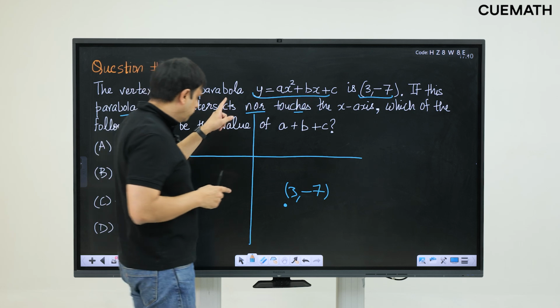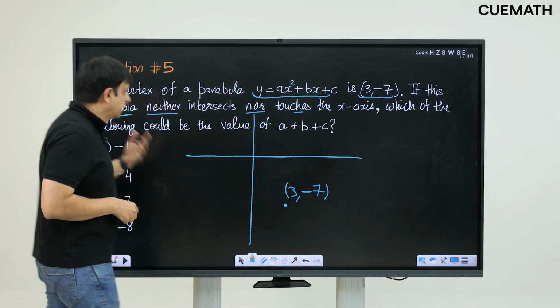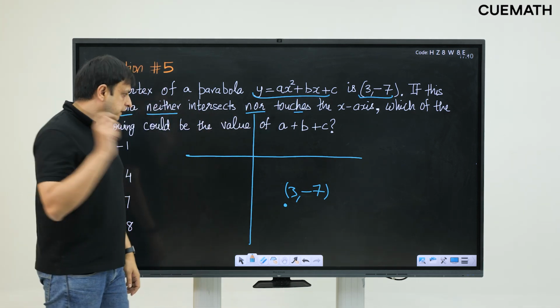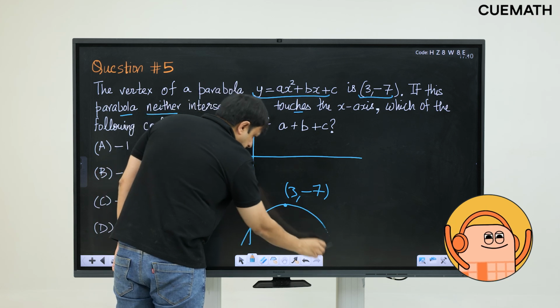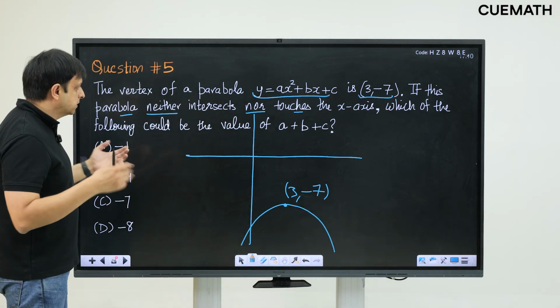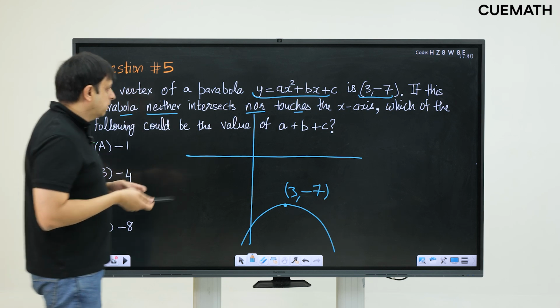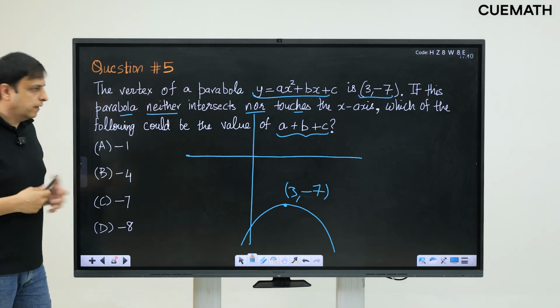But if the parabola were an upward facing parabola, that would intersect the x axis, but we are told that the parabola does not intersect the x axis at all, which means that the only option is that this parabola actually opens downward like this. So, we have made our first major conclusion, the parabola opens downward, and now we are asked what could be the value of a plus b plus c.